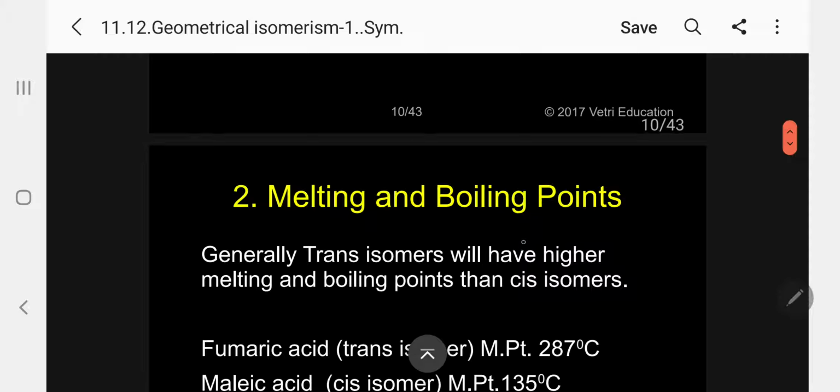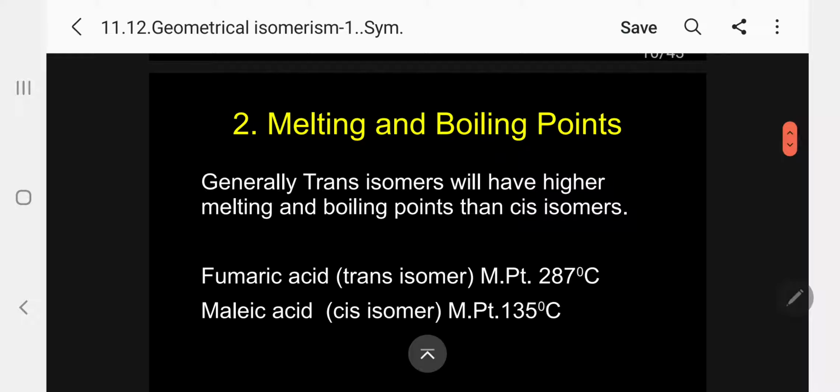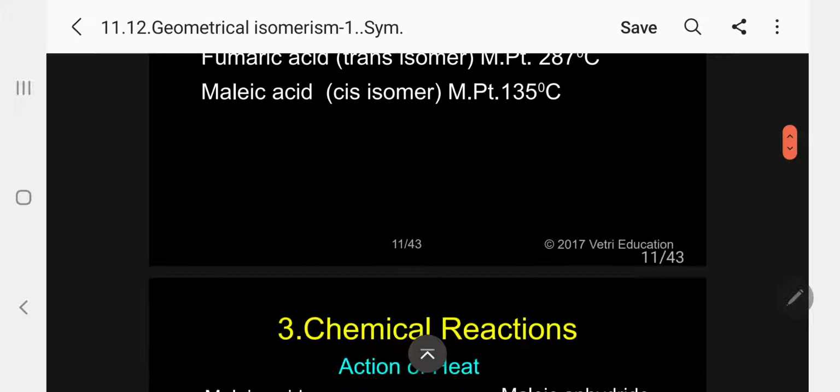Kindly follow. Next, let me take melting and boiling points. Generally, the trans isomer will have a higher melting and boiling point than the cis isomer. For example, fumaric acid, which we have seen already, the trans isomer, has melting point 287, whereas maleic acid, the cis isomer, has 135 degrees centigrade.